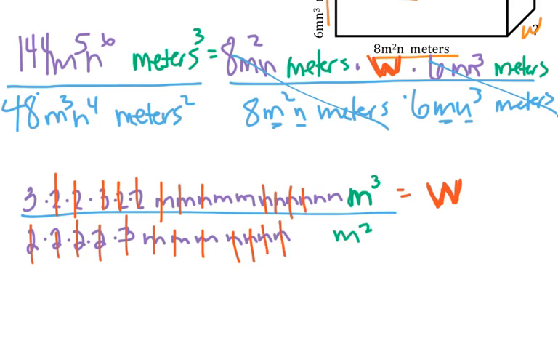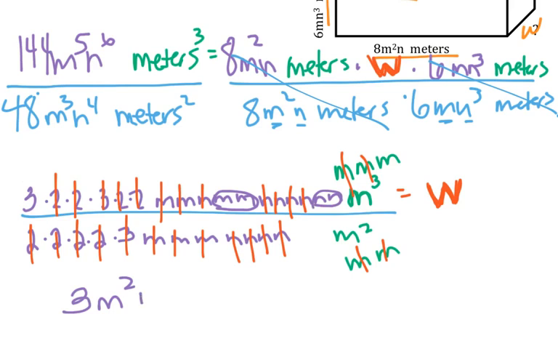And then the M to the third power, that's meters, meters, meters over meters, meters. So I'm going to be able to cancel a couple of those. So what I'm left with is 3, and then M to the second power, N to the second power, meters to the first power. And that's equal to the width of this prism.